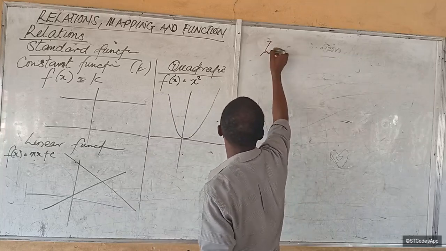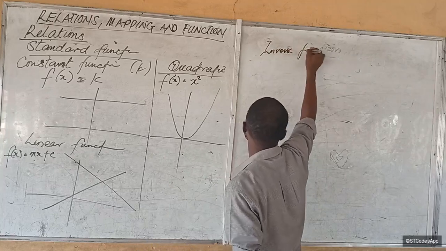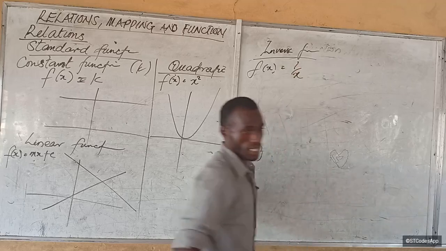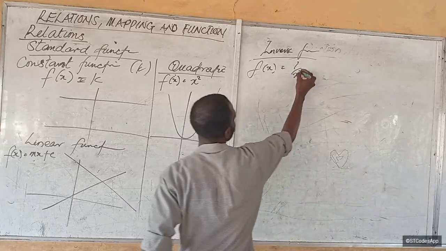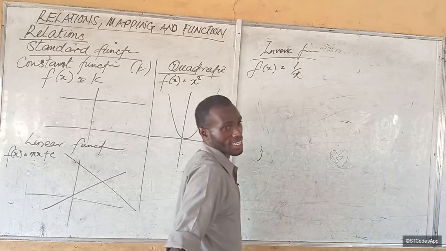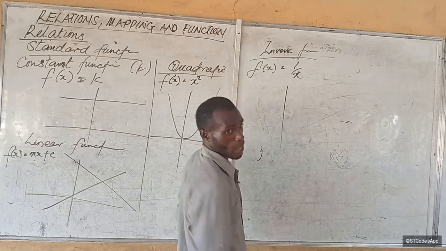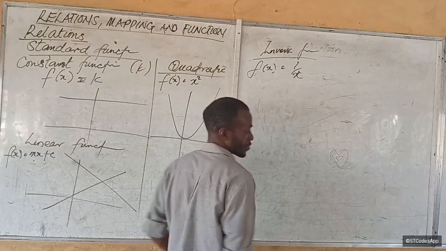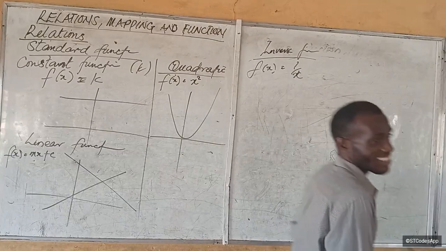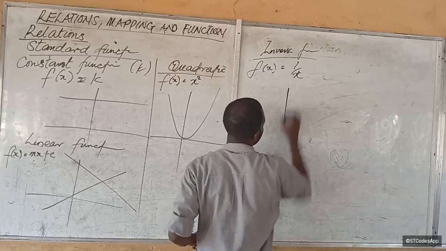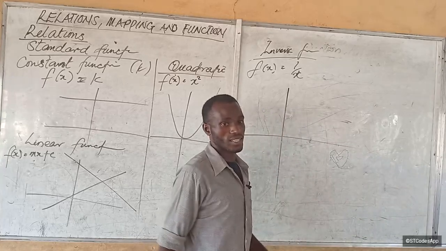Now, what of an inverse function? The graph of an inverse function. Say f of x equal to 1 over x. How would this look like? An inverse function. It's going to be what? Piecewise, thank you. So can you come and draw it piecewise? Do you remember piecewise?